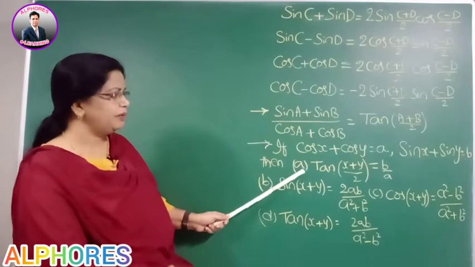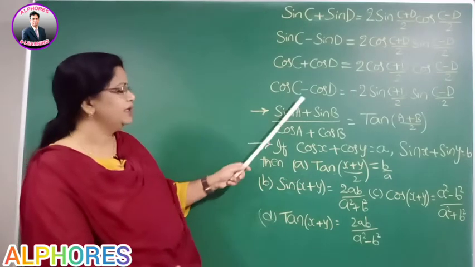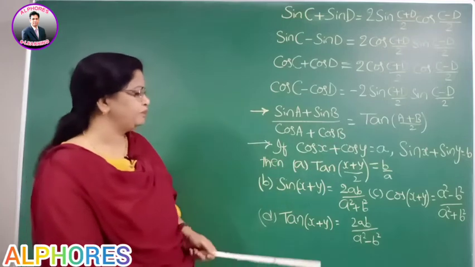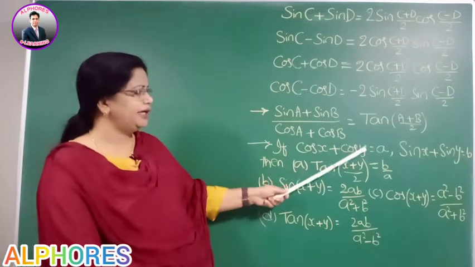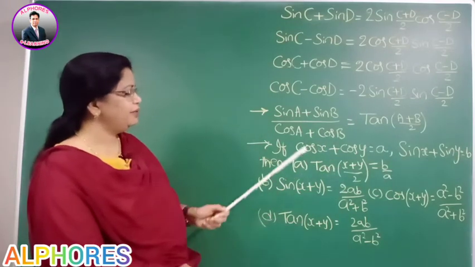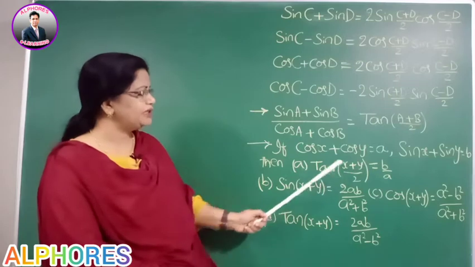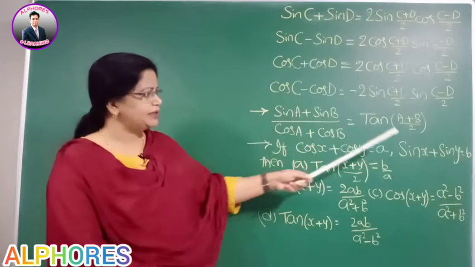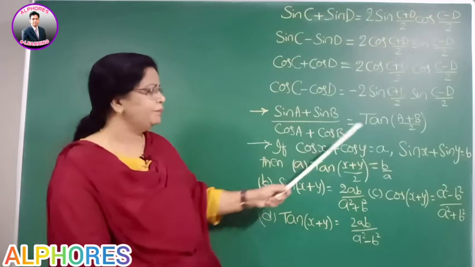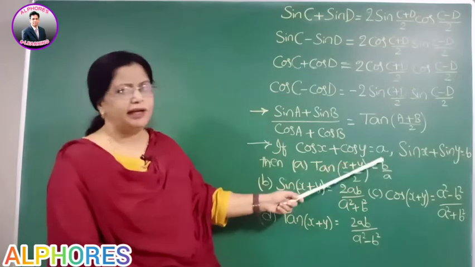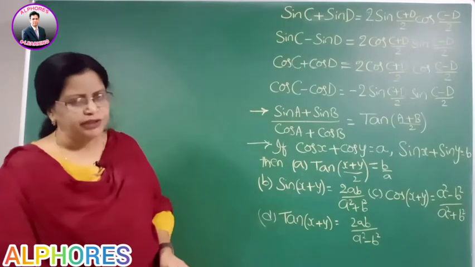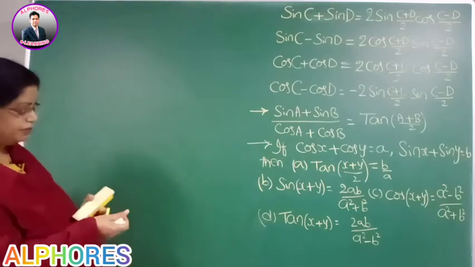To solve this problem, just now we have observed sin A plus sin B divided by cos A plus cos B is this one. Here again, instead of A and B you are having simply x and y values. Therefore, what about tan of (x plus y)/2? It is nothing but sin x plus sin y divided by cos x plus cos y. That's nothing but how much here? B by A. Therefore you got this one as a right answer. So let us observe the values one by one, students.